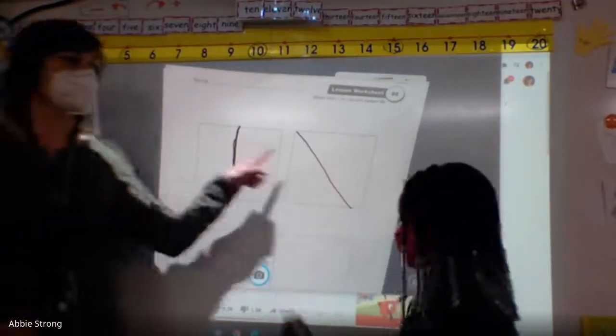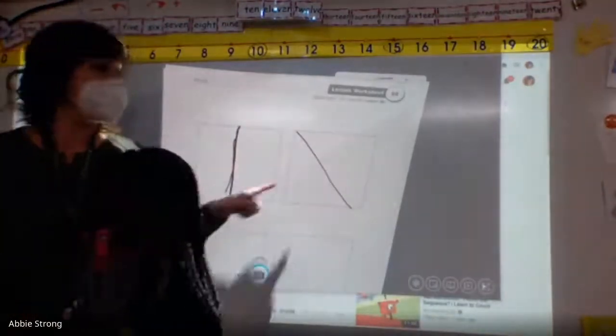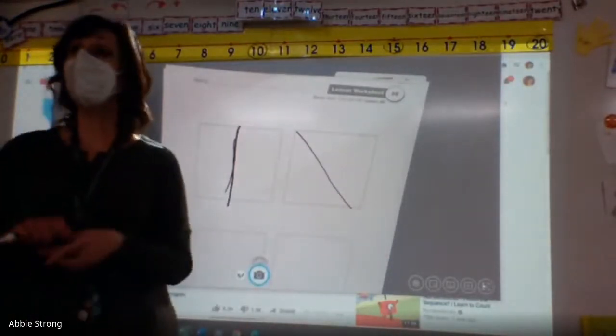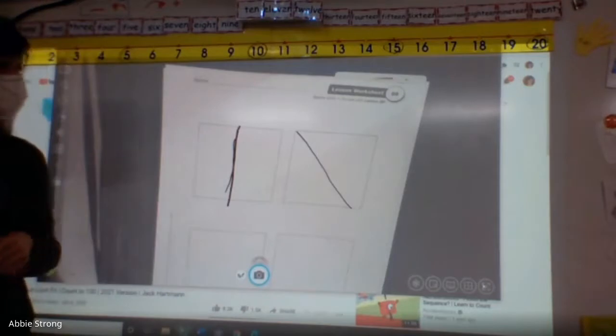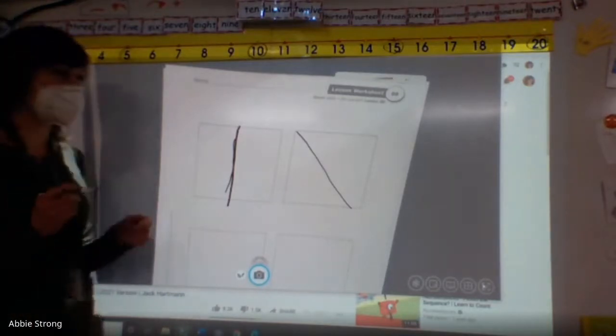All right. She divided it diagonally. Good. You have one half here and one half here. Is there another way that we could divide our square in half?